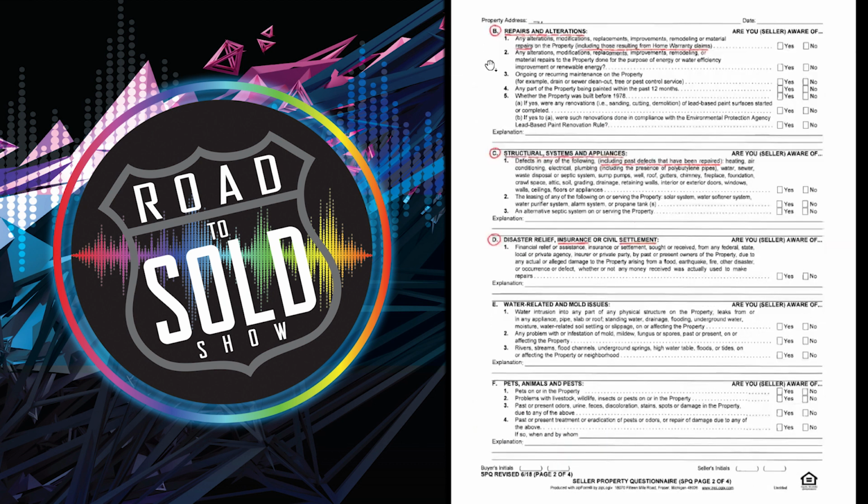Repairs and alterations, any repairs, including those resulting from a home warranty, should be disclosed, and there's an opportunity to list that on the SBQ. Also, any past defects that have been repaired should be disclosed, and then finally, any insurance settlements should be disclosed. Any repairs made as a result of insurance settlements.